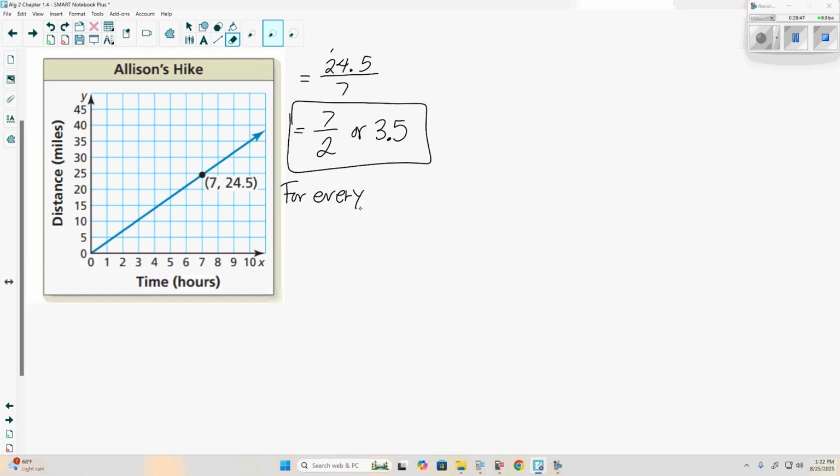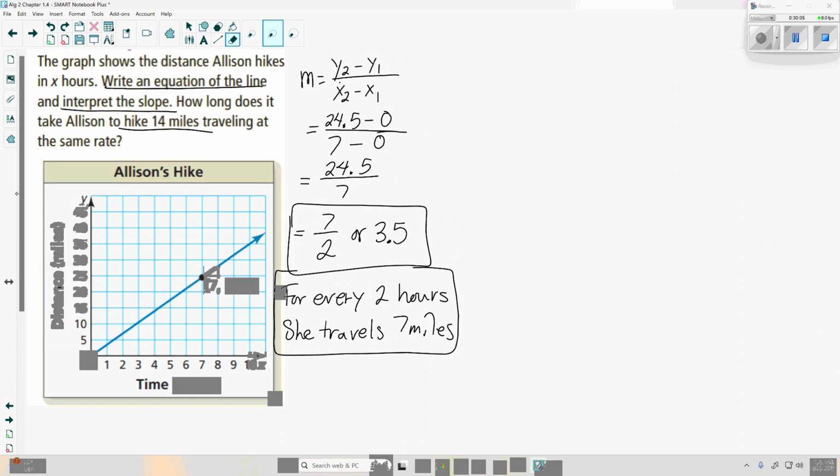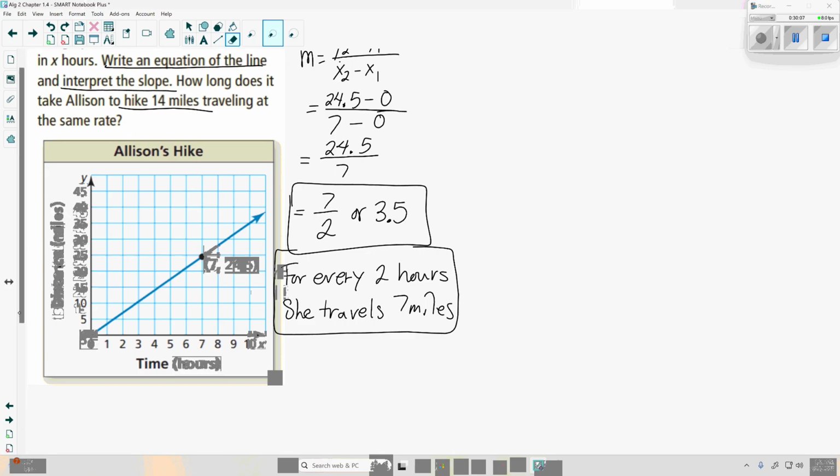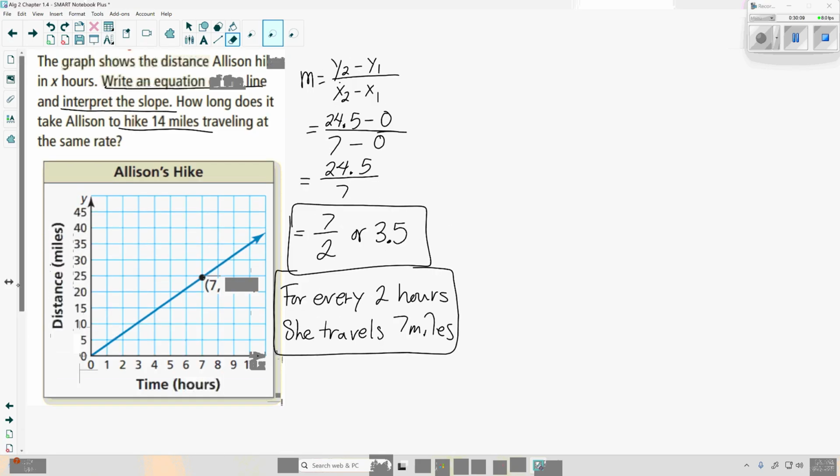For every 2 hours, she travels 7 miles. We interpreted the slope. Questions on how we did this here?